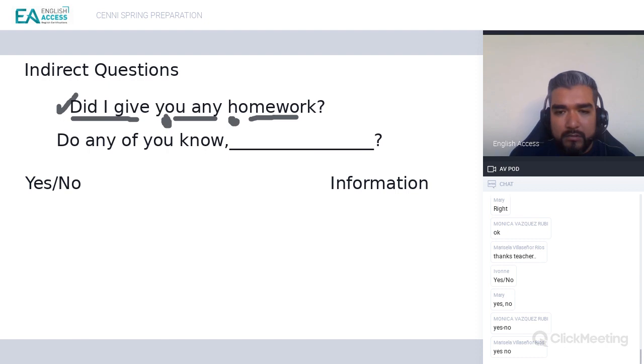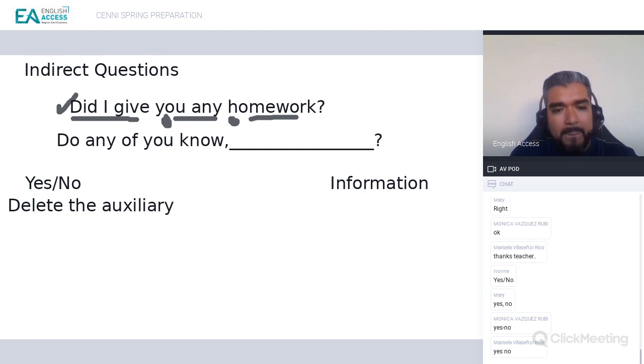Okay, now for yes no questions, you need to do the next. First of all, you need to delete the auxiliary verb, and instead of the auxiliary verb, you would use the words if or whether.